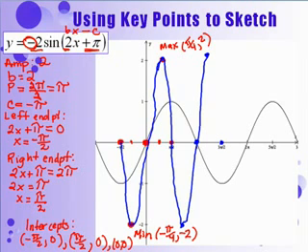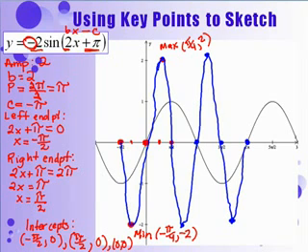And you can see this graph is much narrower because our period is pi instead of 2 pi. And in between each set of marks that I have down here, so in between each pi half, that's where my min and max go.